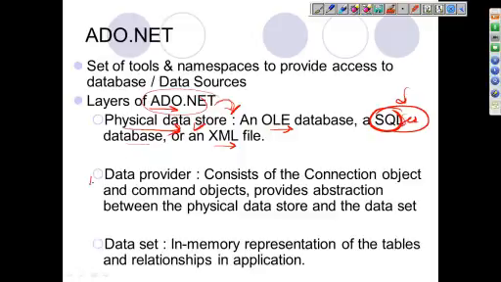Then the second layer, the data provider. The data provider consists of the connection object and command object, and provides the connection between the data store and our application. Ultimately, with ADO.NET, what we want to do is connect. One is our database, where data is stored. One is our application, which the user can access. When a user submits a form, inserting data, where do we insert?